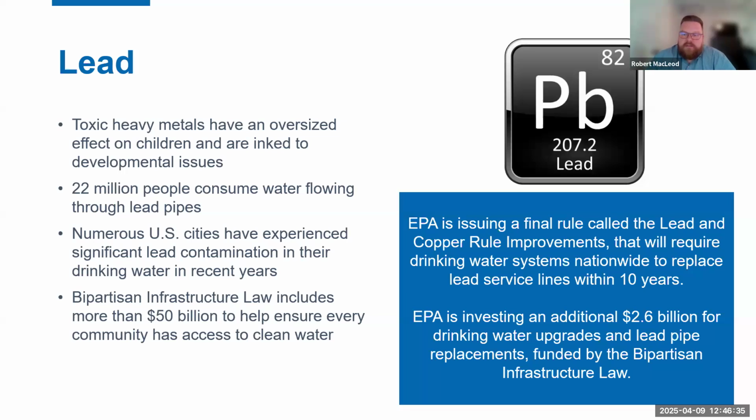Moreover, numerous U.S. cities have experienced significant lead contamination in their drinking water in recent years. The EPA is issuing its final ruling, the Lead and Copper Rule Improvements, that will require drinking water systems nationwide to reduce lead through replacement over the next 10 years. The EPA is investing $2.6 billion into drinking water upgrades and lead removal.